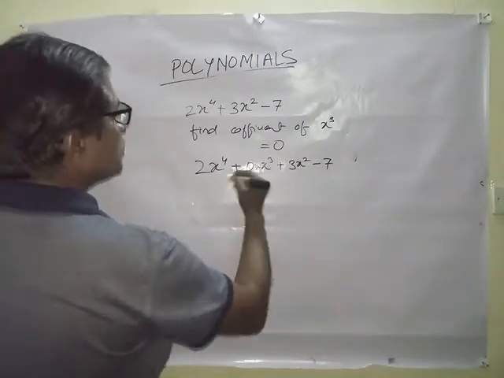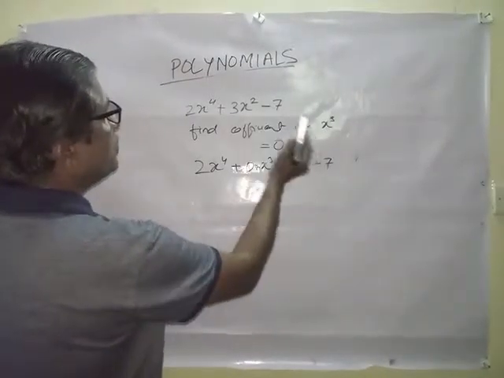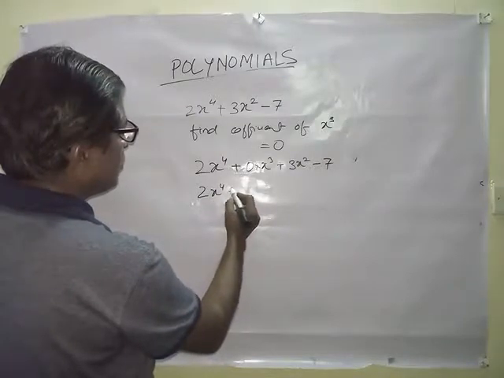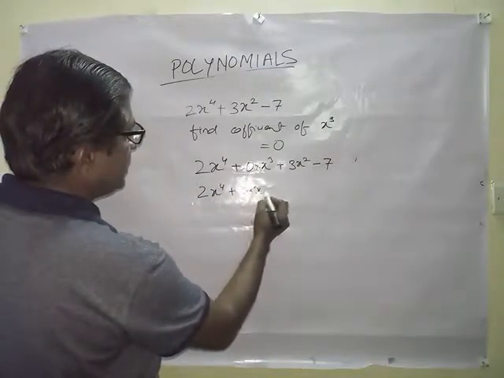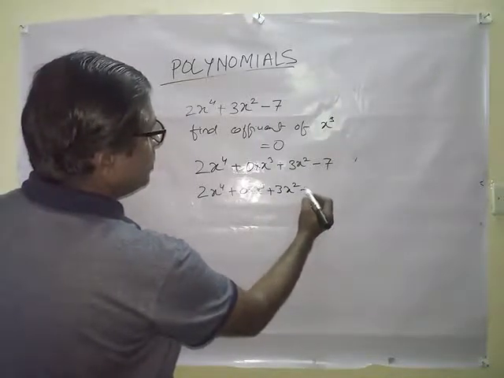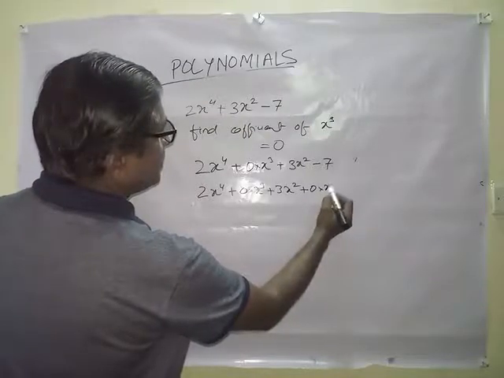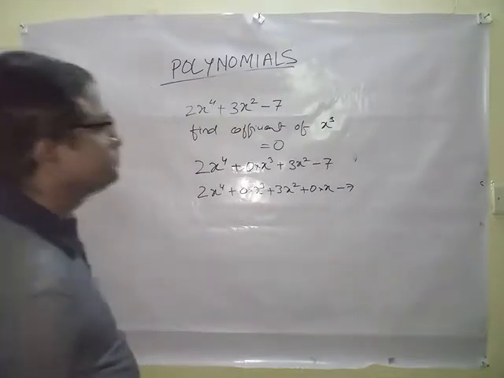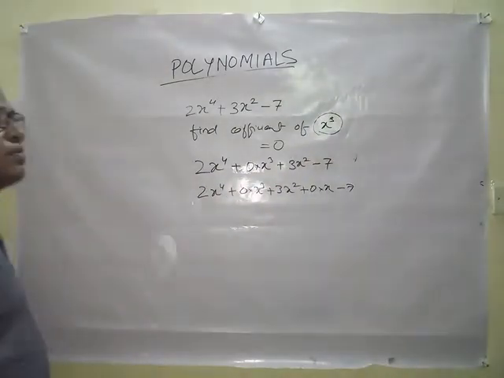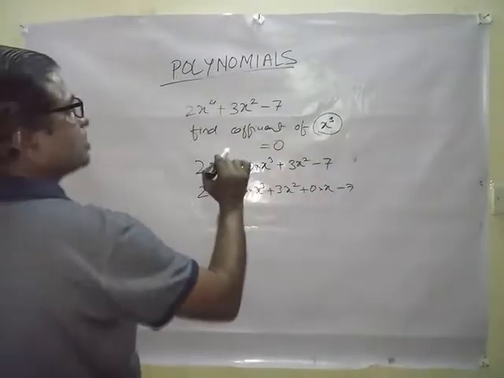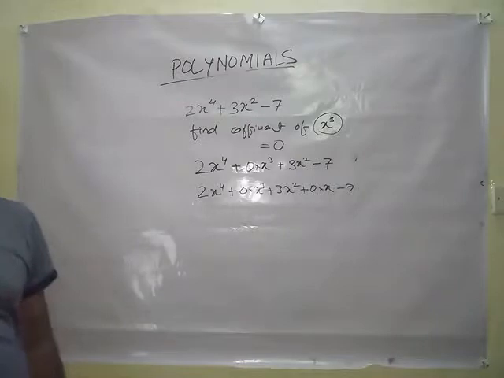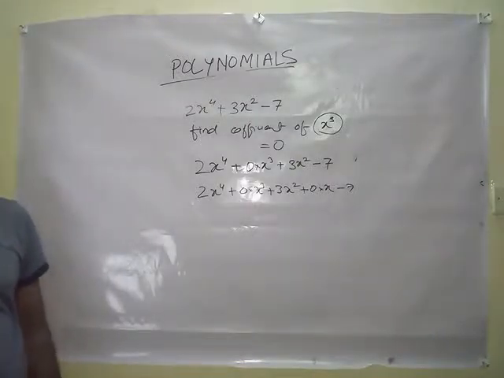Or if you have been asked to find the coefficient of x, then also you can write 2x raised to power 4 plus 0 multiplied by x raised to power 3 plus 3x square plus 0 multiplied by x minus 7. So whenever a variable with that power is not given and the coefficient is asked, then it will be 0. So that is the thing.